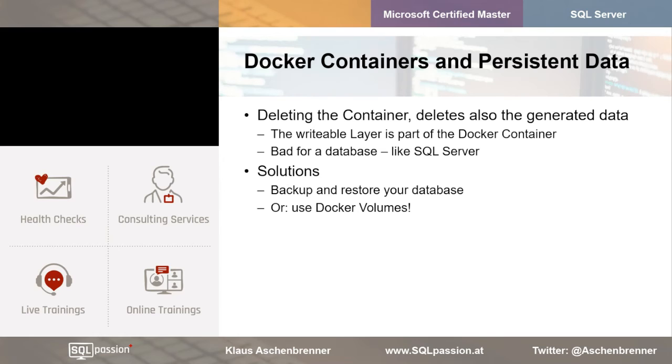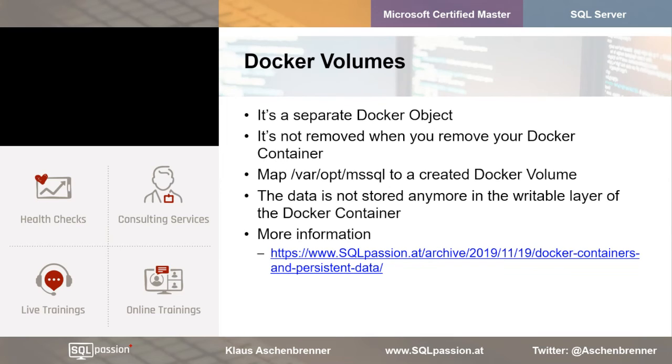Or the better way, you're working with Docker volumes. This is quite interesting. Docker volumes are just separate Docker objects, and when you run a Docker image, or when you're instantiating a Docker image, you're just mapping a specific folder, a specific path inside your Docker container to a Docker volume.